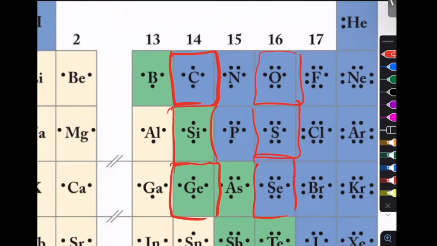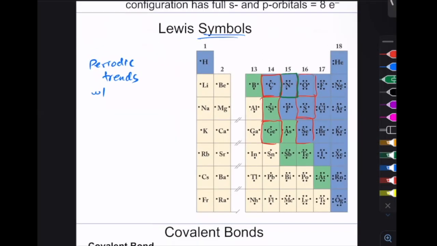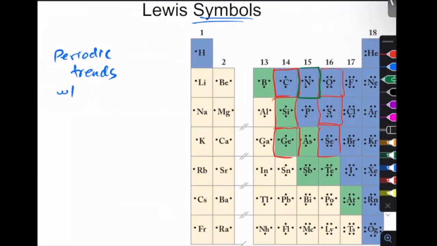And here in the middle, I didn't circle these. Here's your nitrogen, right? If we take a look at nitrogen here, let's just use that as an example instead of showing you the final product. If we were to do the Lewis symbol for nitrogen, we have 5 valence electrons. So let's fill them in. 1, 2, 3, 4. And then the 5th one, that's going to get paired up somewhere. So now we've got a lone pair. And we have 3 unpaired electrons available to make covalent bonds.